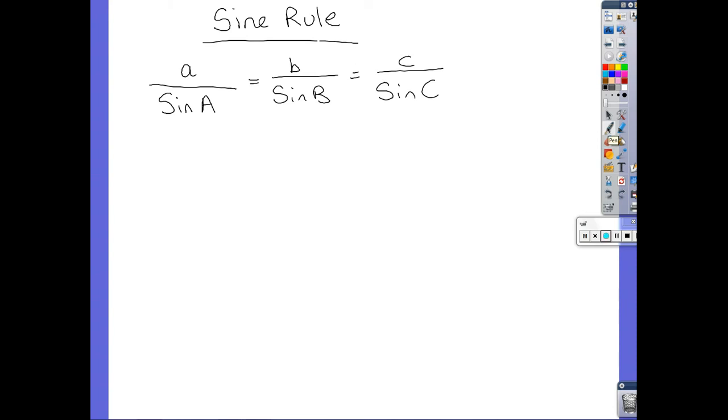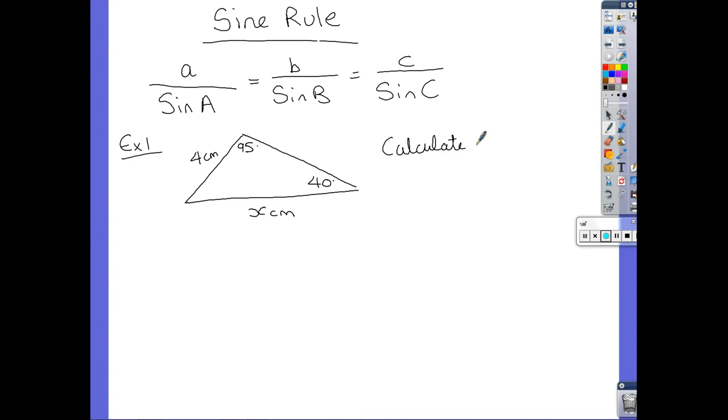Okay, so let's have a look at using this formula. So example 1, we're going to look for a missing side. And it says calculate side x.